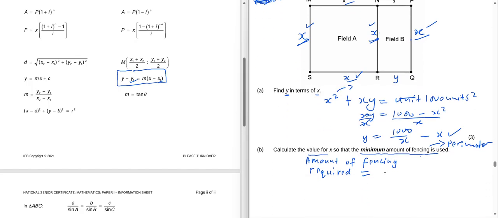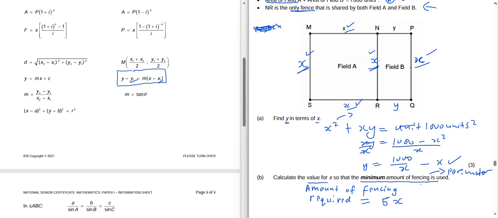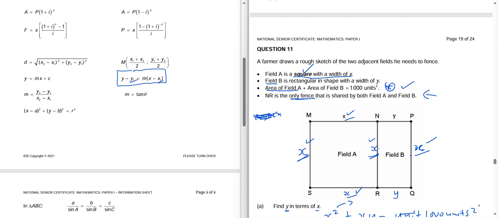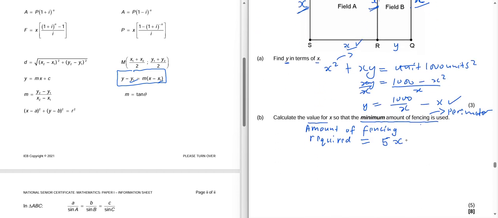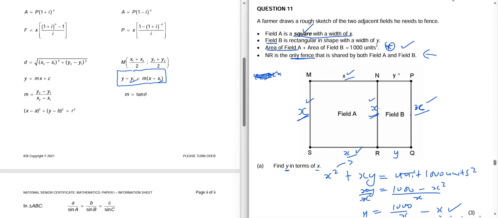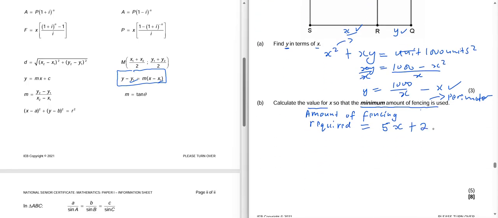So the amount of fencing required, I need 5x, and then plus how many y's do I have? It is just this and that. That is 2y.